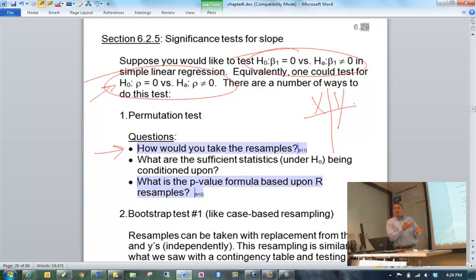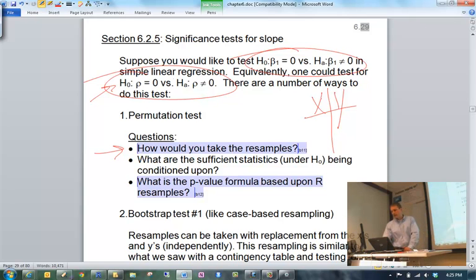We don't have row numbers and column numbers. Remember also in this case, since we're doing a permutation test, we are resampling without replacement. So essentially what we could do is just resample the X's only, keep the Y's where they are, or resample the Y's only and keep the X's where they are.